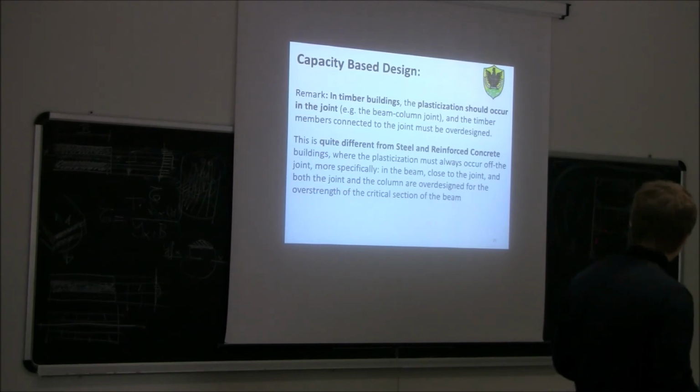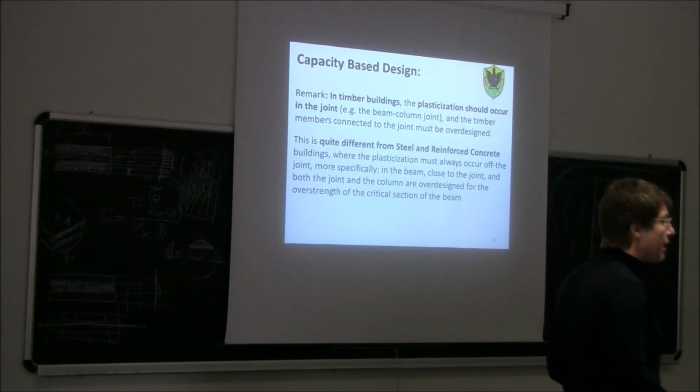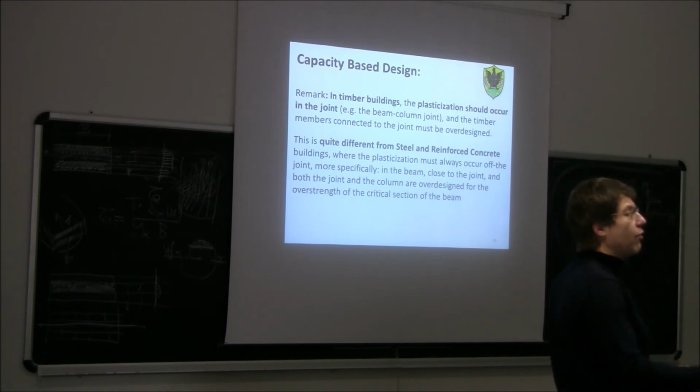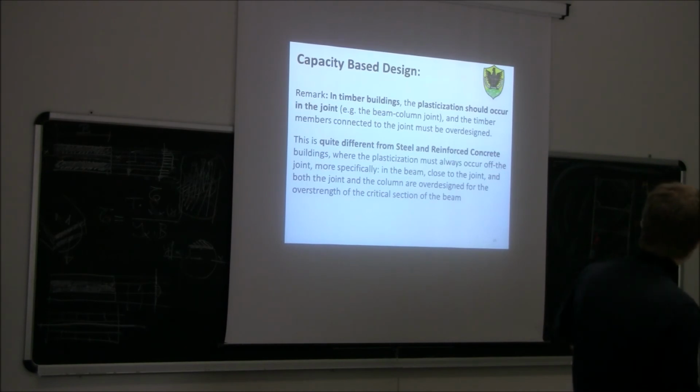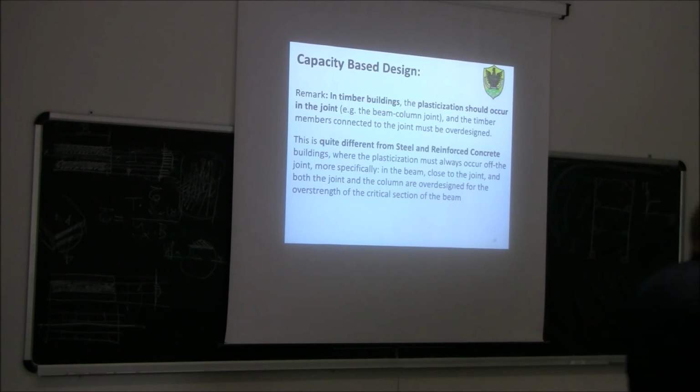So columns and beams will end up behaving elastically, and they will have to be oversized. While instead the only dissipative behavior would be these rotational springs here, schematizing the joint. It's clear now?